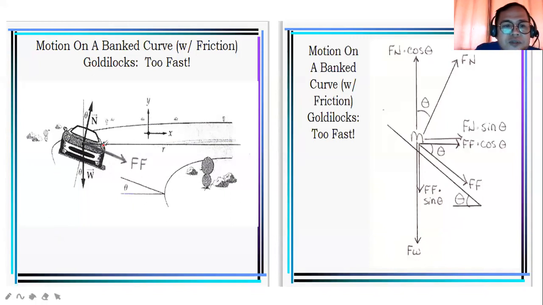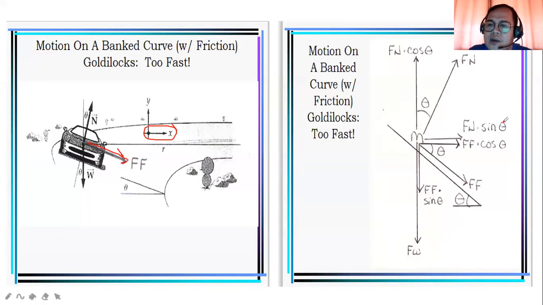If we have friction, then there is also the normal force and the x component of the weight. So with friction, here is our free body diagram.